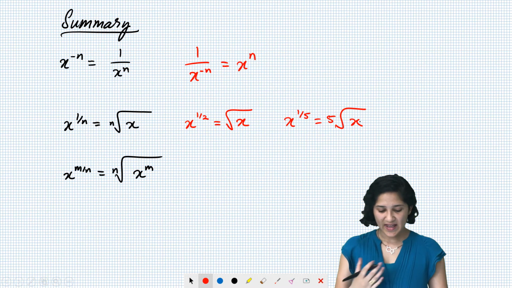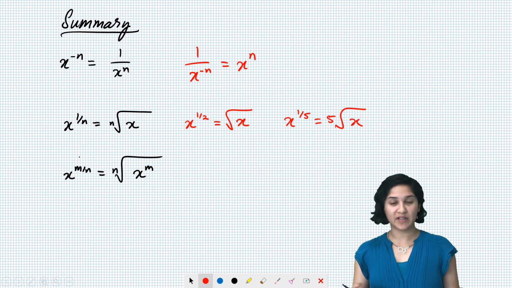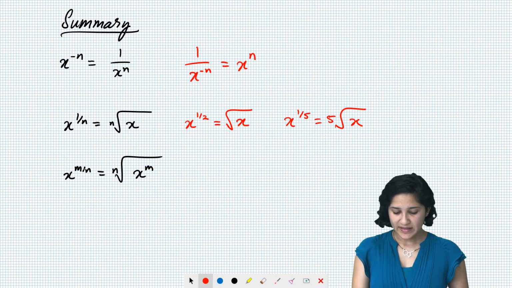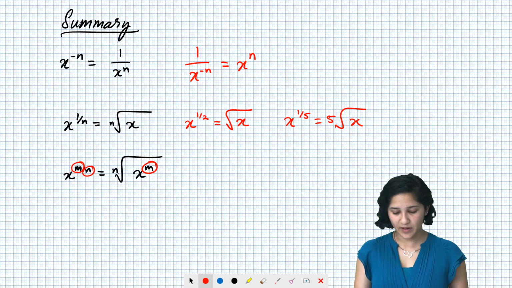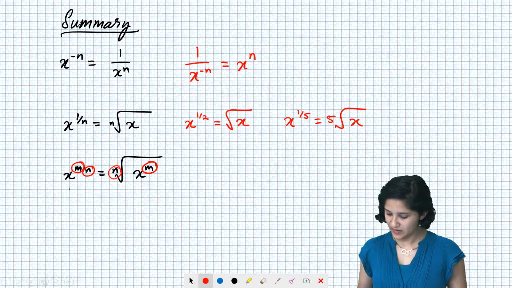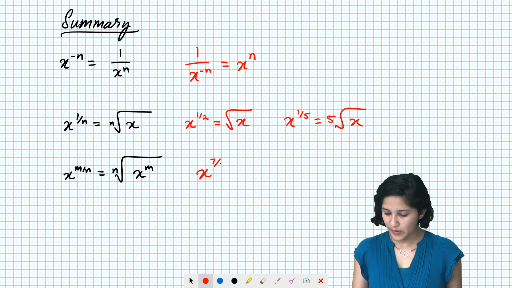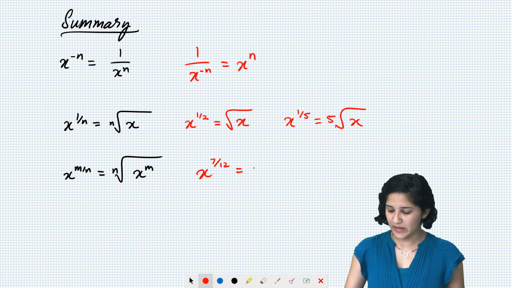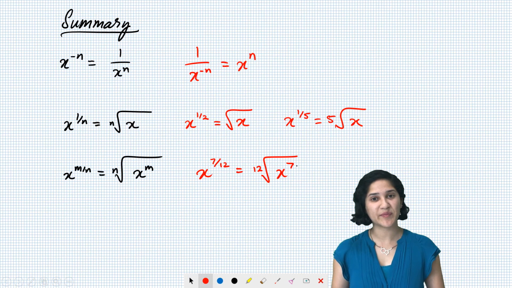And finally, if we have a general fraction, some number over another number, then this top number becomes the power of x, and the bottom number becomes the nth root of x. So for example, x to the power of 7/12 would be the 12th root of x to the power of 7.